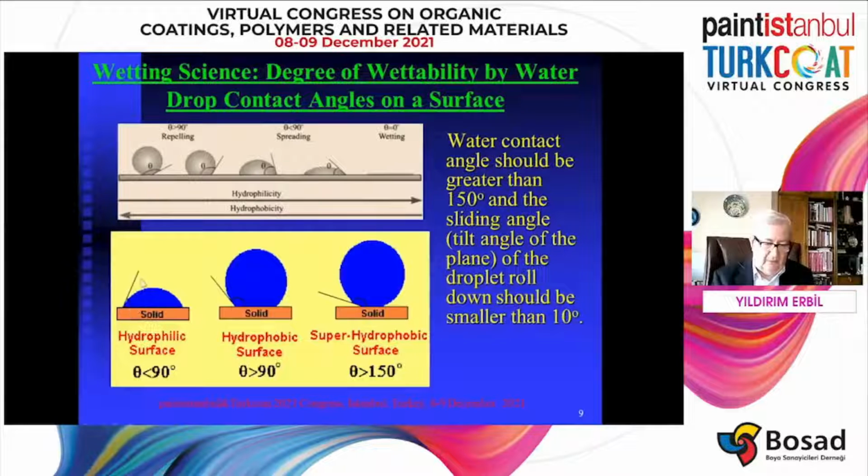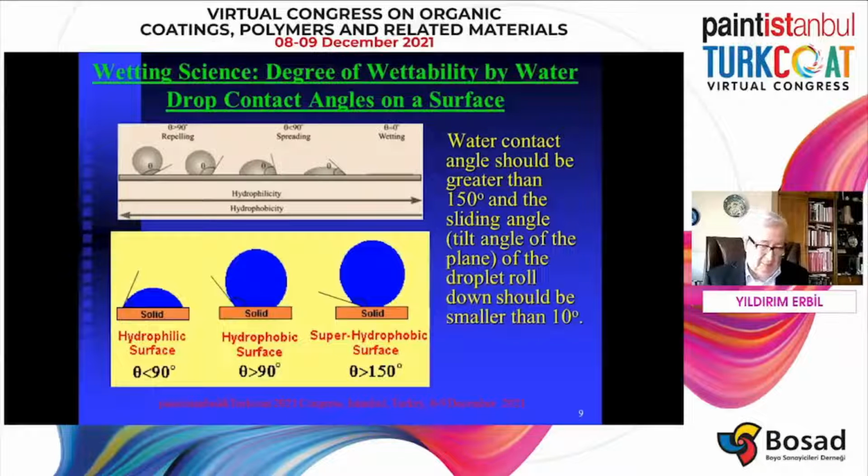The contact angle is a tangent drawn from the three-phase contact line, and this is the resultant of the interactions at the three-phase contact line between the solid surface tension, the liquid surface tension, and the interfacial tension between them. Thomas Young was the inventor of the contact angle, and he reported the thermodynamic equilibrium in 1805, about 200 years ago.